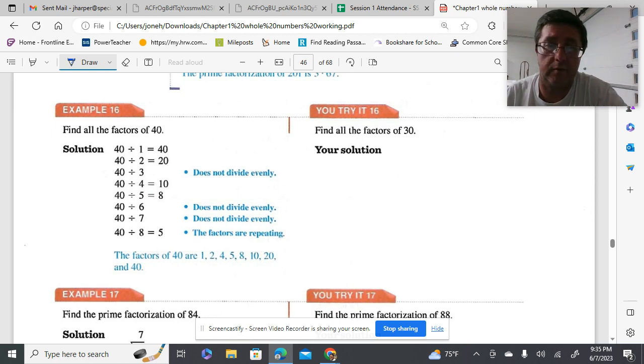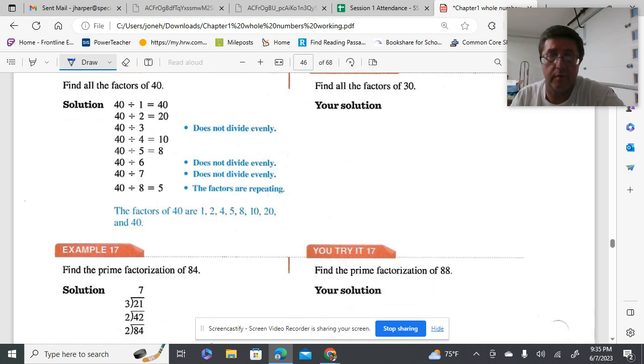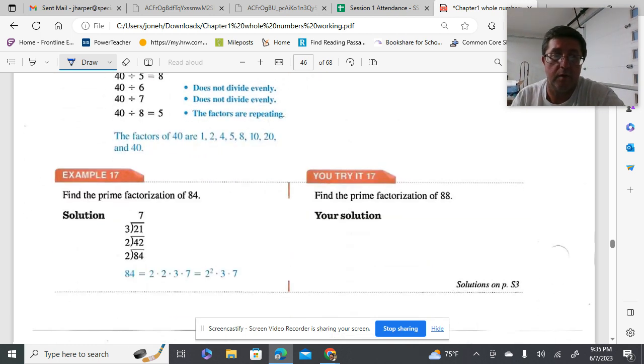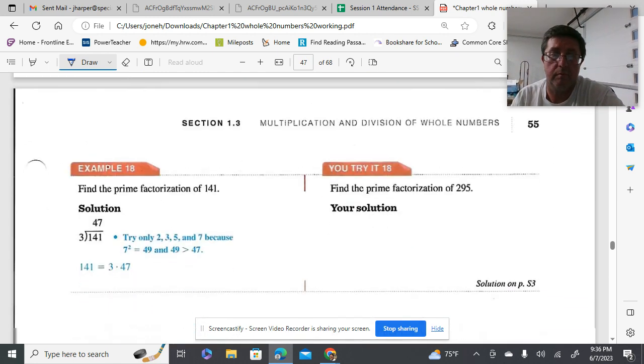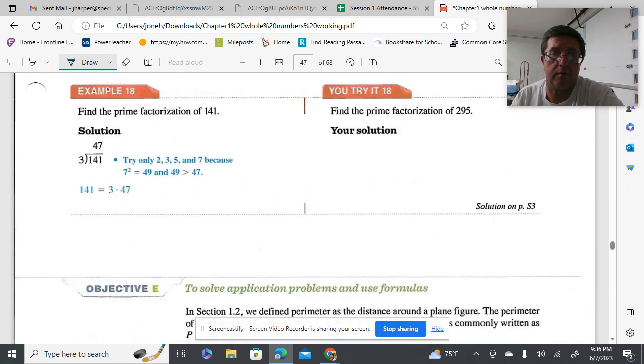Find all the factors of 30, 40. Okay. So next we're going to go into 141 divided by 3 equals 47. Just use your calculators.